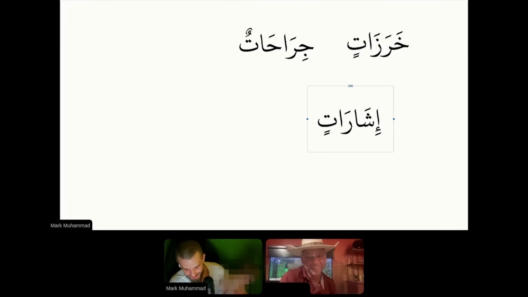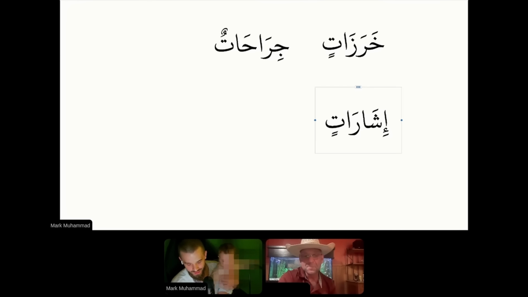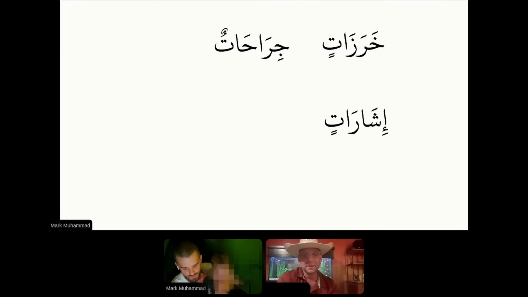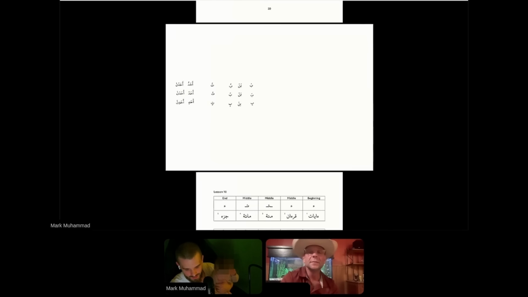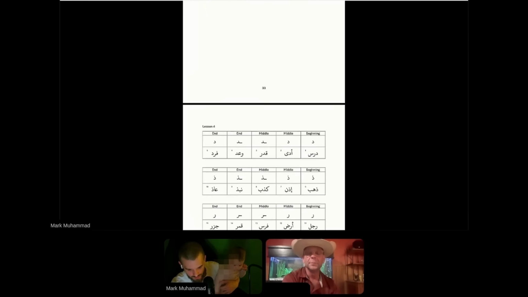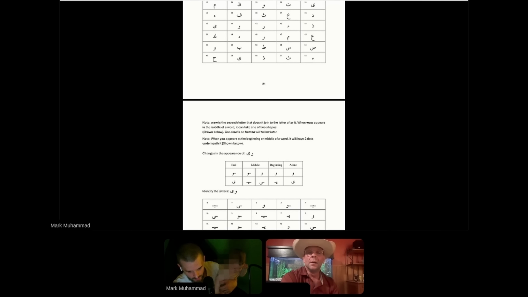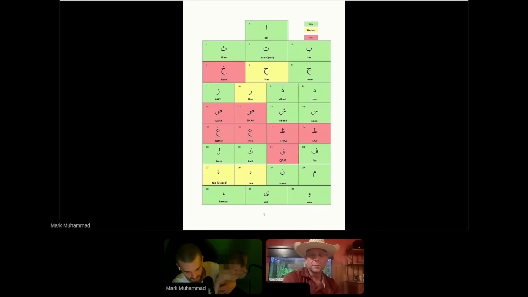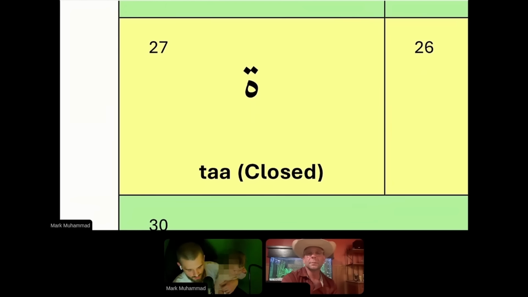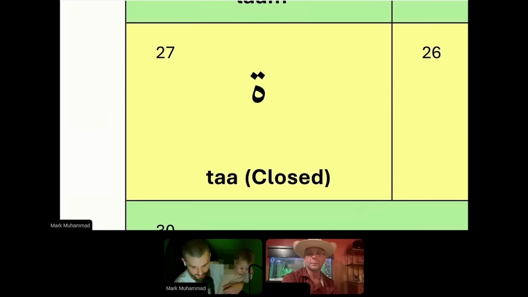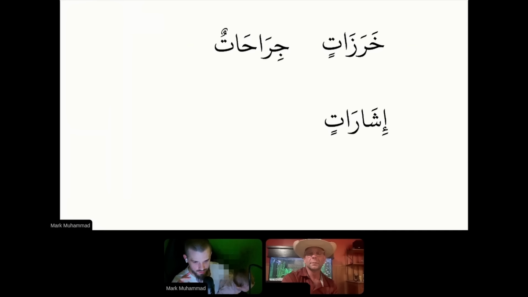Yes, and the other type of ta that we've talked about is sometimes called the feminine ta. Let me go back. I don't know if you remember, but there's another ta, this one here, sometimes called the feminine ta. Sometimes you can tell that a word is feminine by having that ta at the end of it.